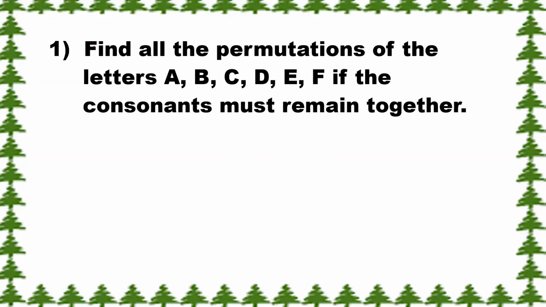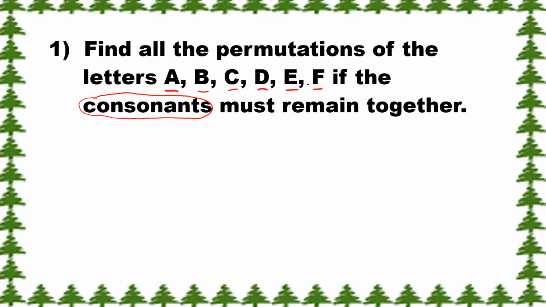Okay, so for number 1, we are asked to find all the permutations of the letters A, B, C, D, E, and F, if the consonants must remain together. When we say consonant, ayun ba dito yung consonant? B, C, D, F po. B, C, D, and F, right?